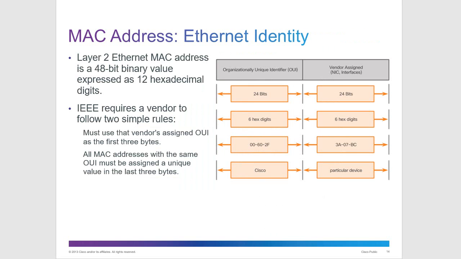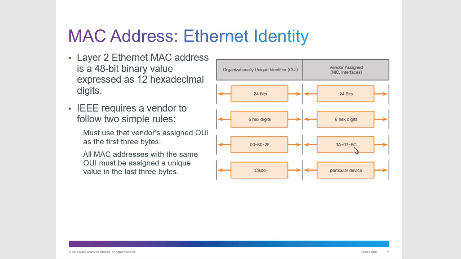Your MAC address, okay. So your media access control address is made up of those hexadecimal values. So a hexadecimal value for your MAC address would be 00602F3A06BC.